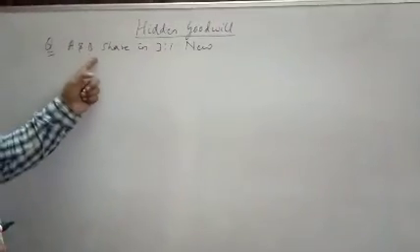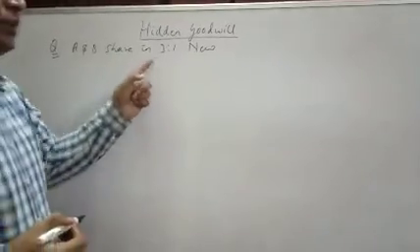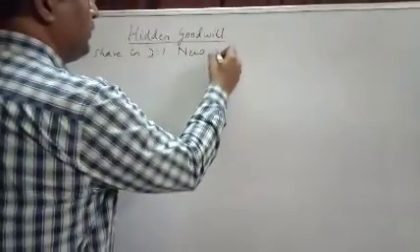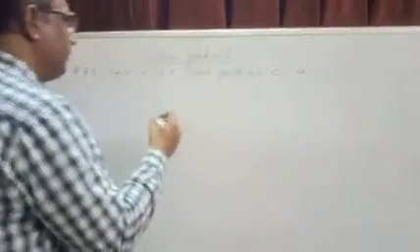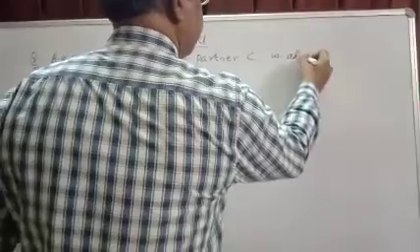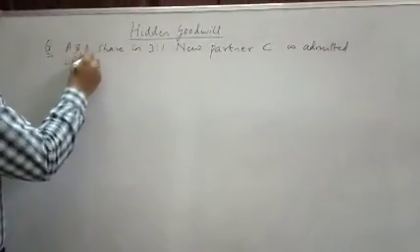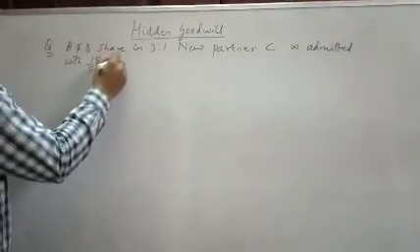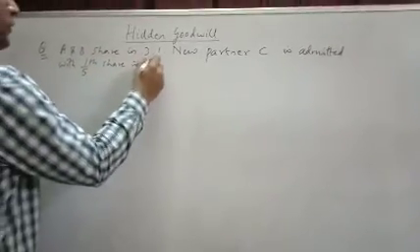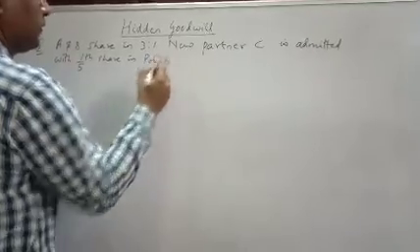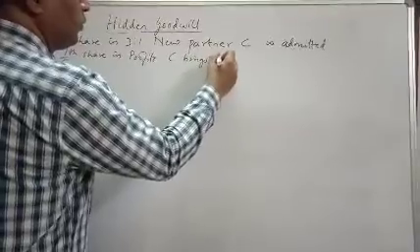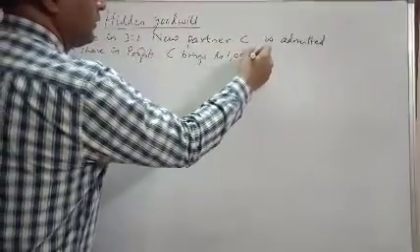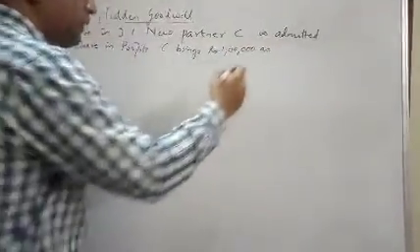Suppose A and B are old partners, they are sharing profits in the ratio 3:1. New partner C is admitted with 1/5 share in profits. C brings rupees 1 lakh as capital.